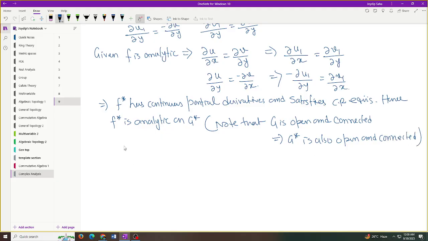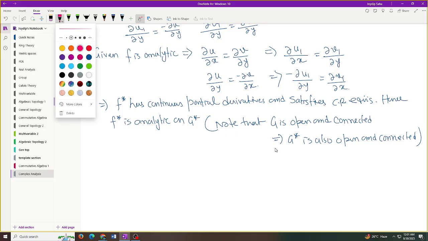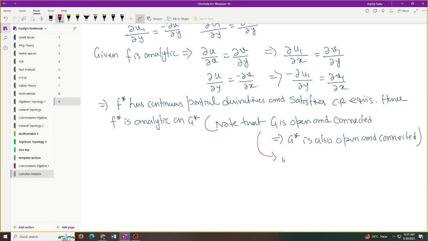So now we can use the theorem. So G star is also region. Prove it. Okay, homework.